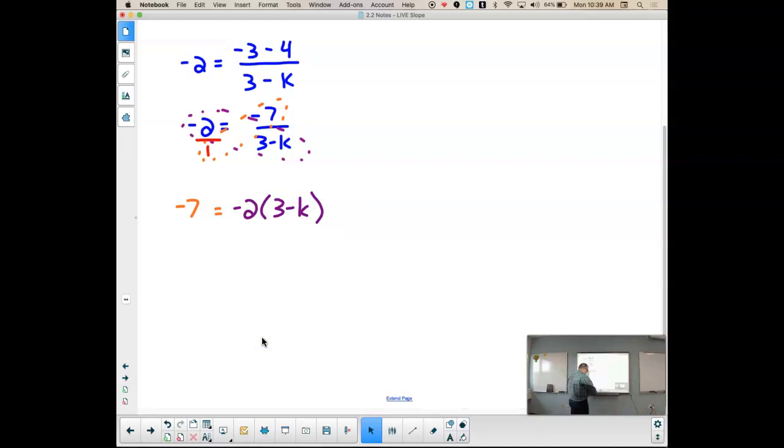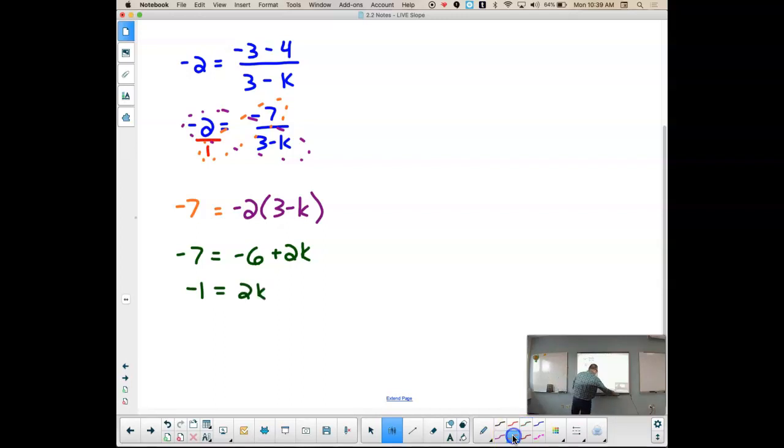Now I can distribute the -2. Gives me -7 equals -6 plus 2k. Then I can add 6 to both sides.